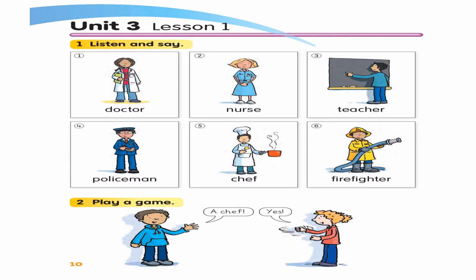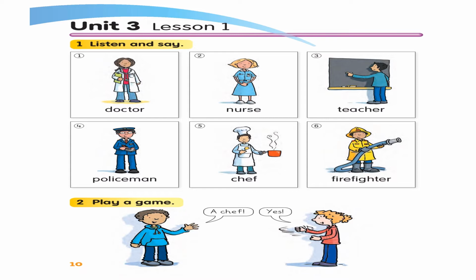The doctor works at the hospital, right? He or she helps us to get well soon. When we are sick, we go to see the doctor. The nurse again works at the hospital.